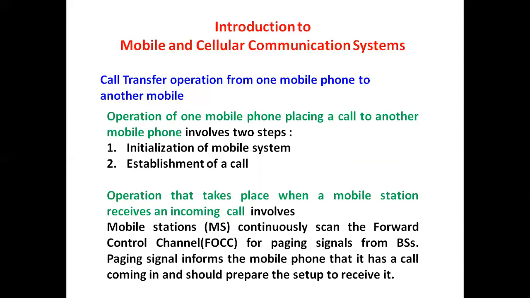The paging signal informs the mobile phone that it has a call coming in and should prepare to set up to receive it. This is the operation of one mobile phone placing a call to another mobile phone.